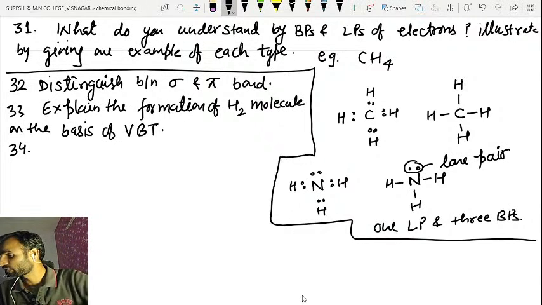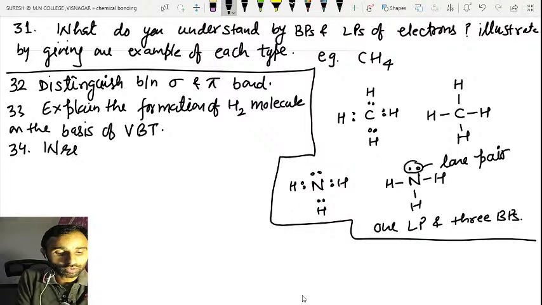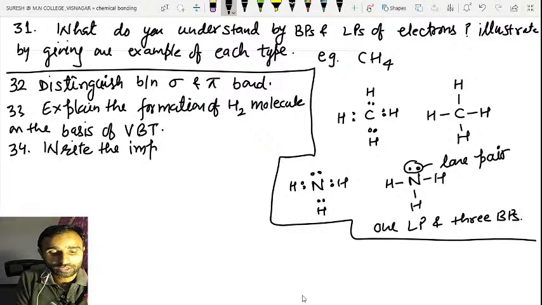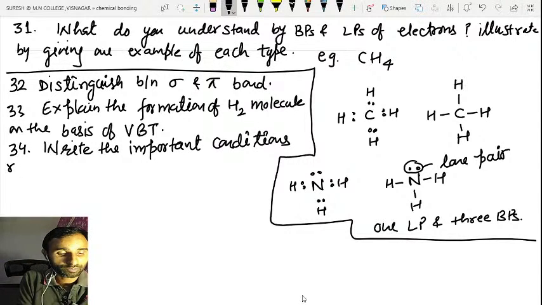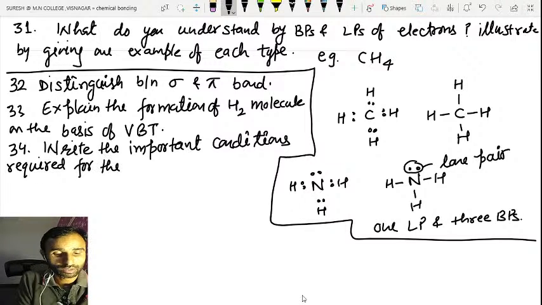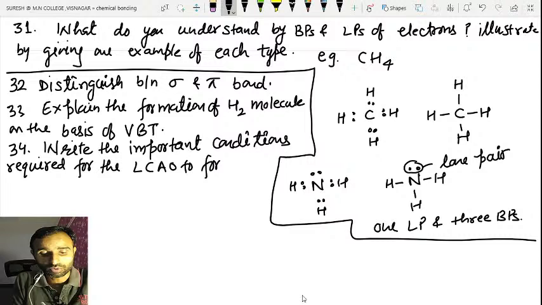Question number 34. Write the important conditions that you should write now. Write the important conditions required for the linear combination of atomic orbitals to form molecular orbitals.